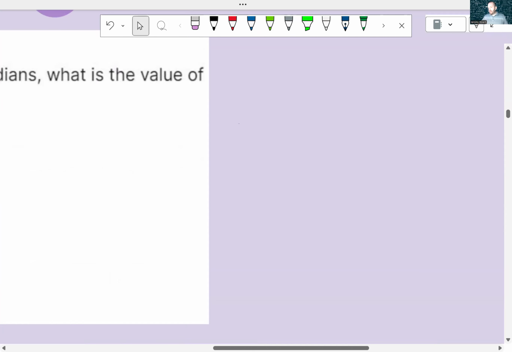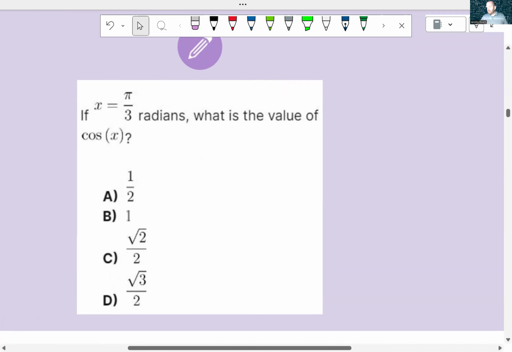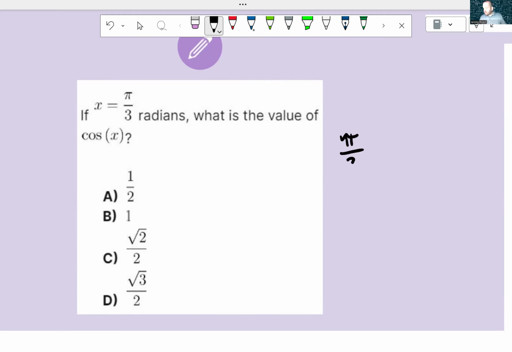Now, if you don't have the unit circle and you have to figure out what pi over 3 radians is, you can do that too. So you can say pi over 3 radians times, I'm going to get rid of the r for the radians for now, times, now we're just going to multiply by 1, but it's going to be a ratio of two different values.